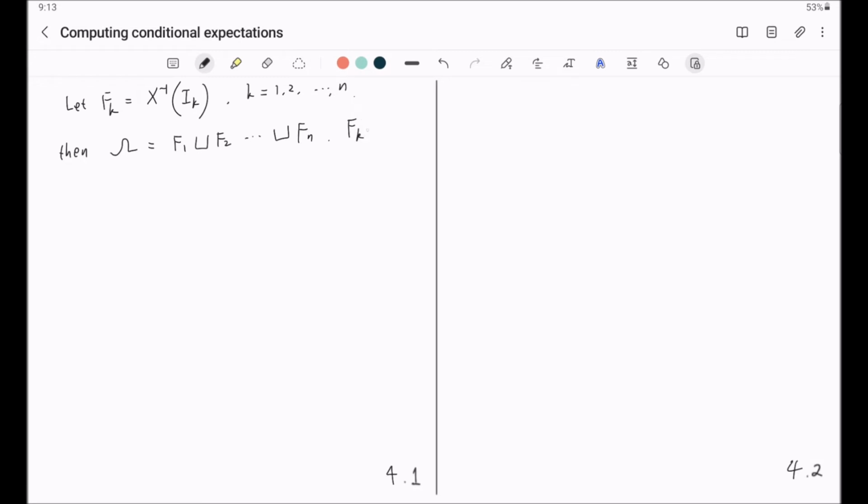And clearly, F sub k is in A for any k, because Fk is the inverse image of Ik, a Borel subset, under the random variable X.